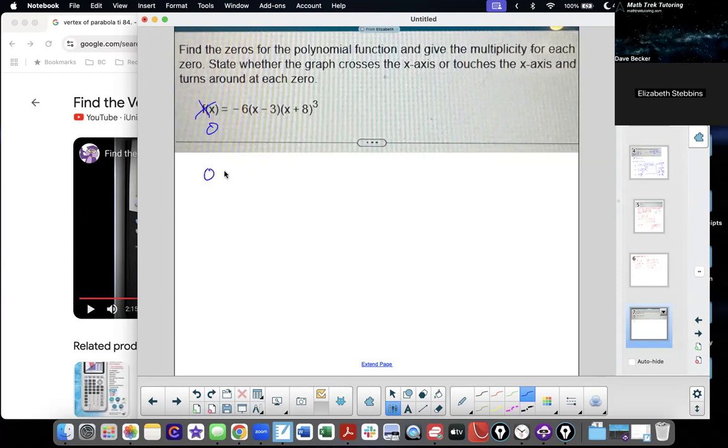So 0 equals -6 times (x minus 3) times (x plus 8) cubed. And are you able to solve that by sight? Some people are, some people are not. No, I'm not. Okay, we're going to get rid of that -6.